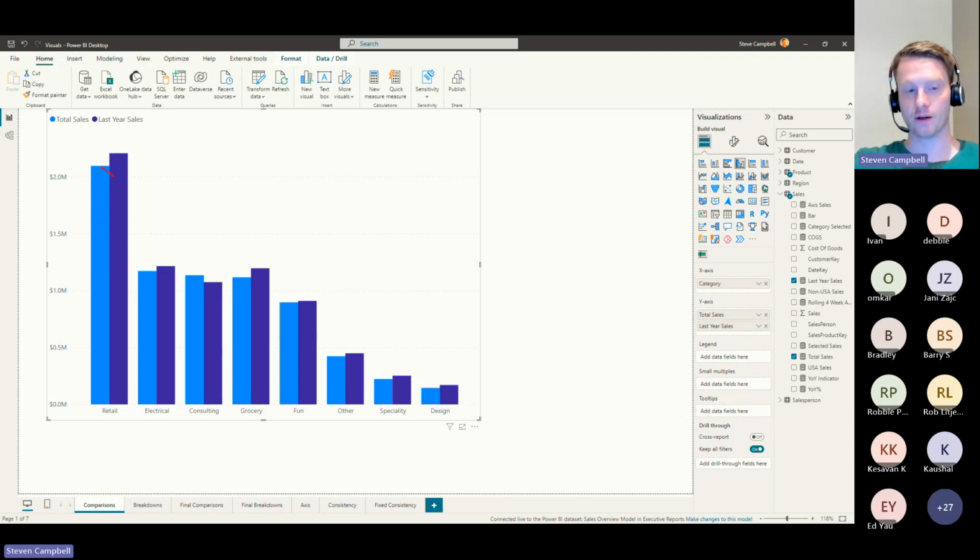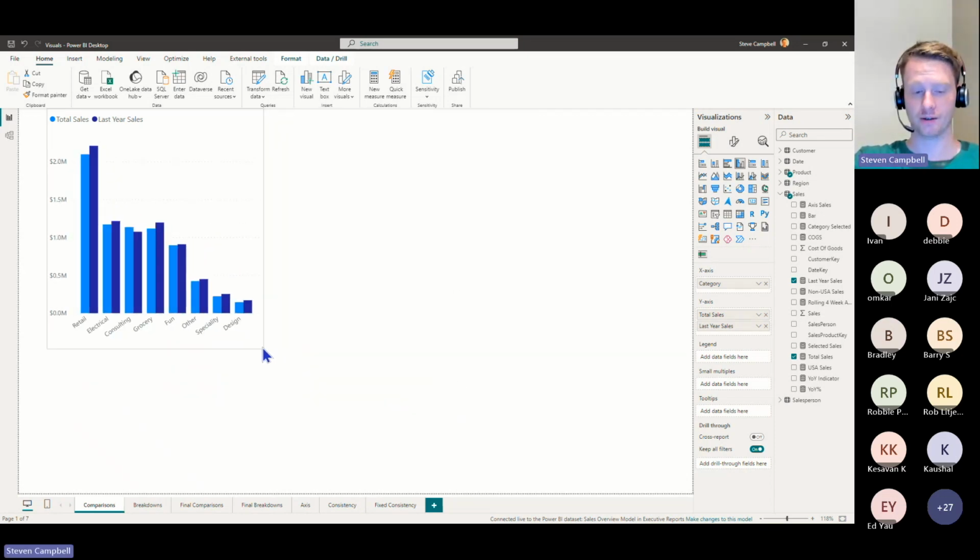It's very hard, though, to compare this year versus last year because they're not next to each other. The light blue, so total sales, we have to ignore this blue, and it just makes it a bit harder for us to read if we're comparing. The variances aren't that easy to see because we've got two categories next to each other. It clutters the graph a bit.